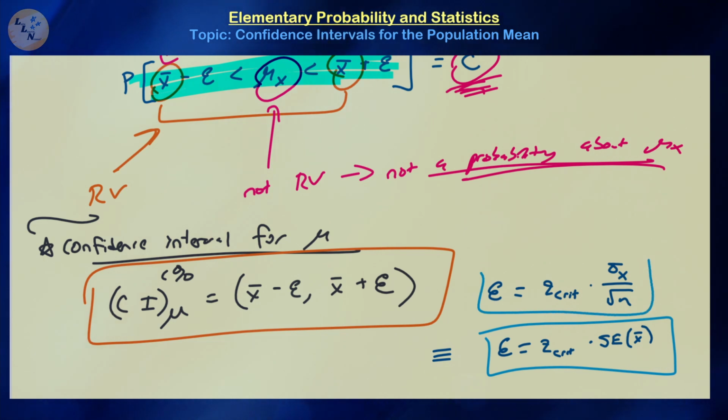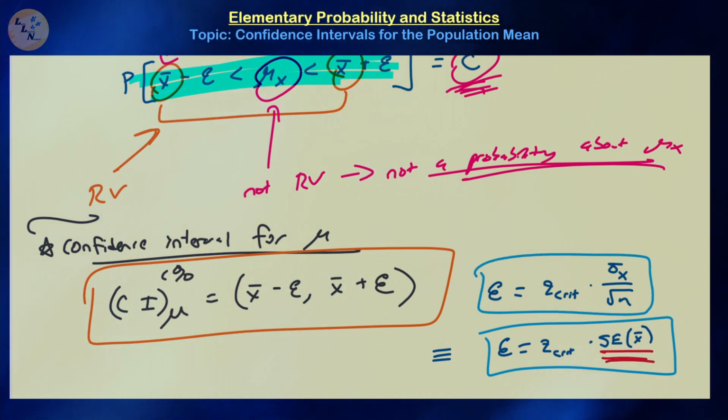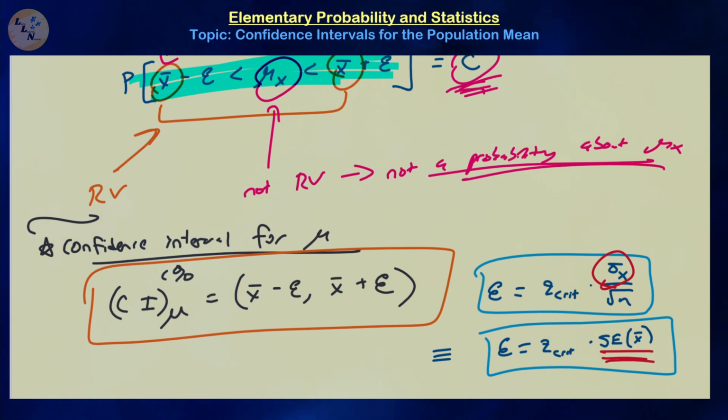These two perspectives are equivalent, but using the latter gives you a little more flexibility over what you choose the standard error of x bar to be, because sometimes we know other bits of information such as the population size. What if we don't know sigma? Then we can change our standard error formula. But this is the general formula for the confidence interval for the population mean mu.